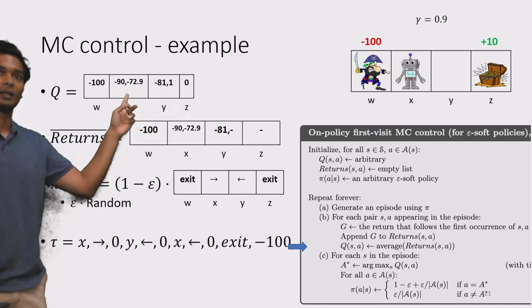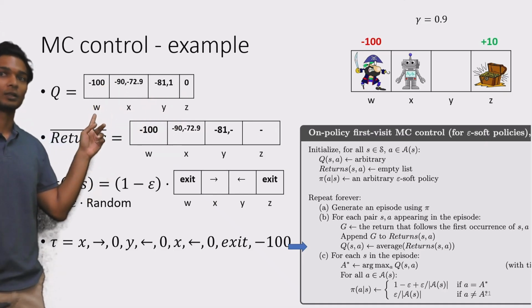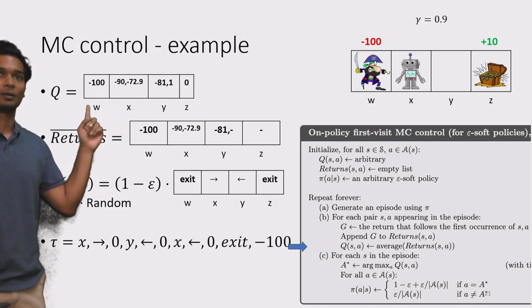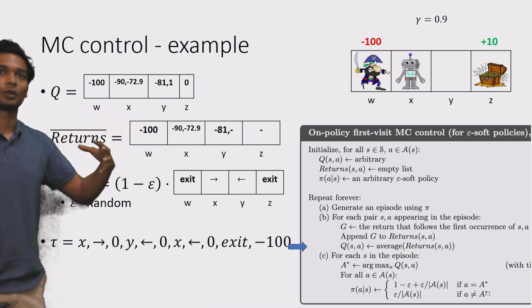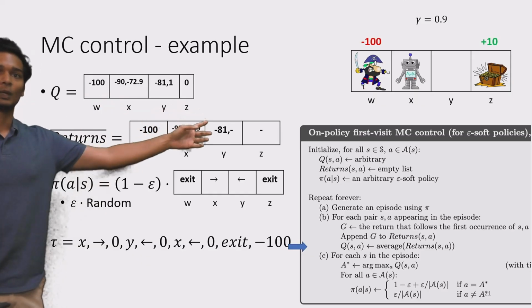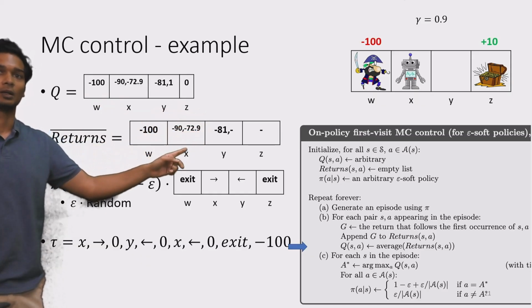We came back, and then we get the minus 100. So this time, when we got the reward minus 100, it's much more in the future. It's going to be discounted further, so your Q values are going to be much lower.